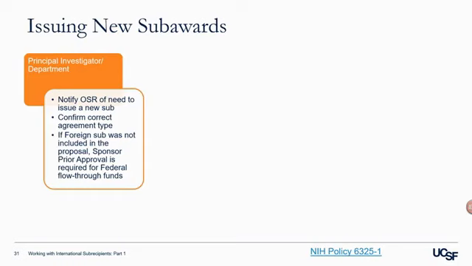The PI in the department should be confirming that the agreement type is correct before they submit that request to us. If the subrecipient is foreign and was not included in the proposal, sponsor prior approval is required for federal flow-through funds. We really want to call that out.